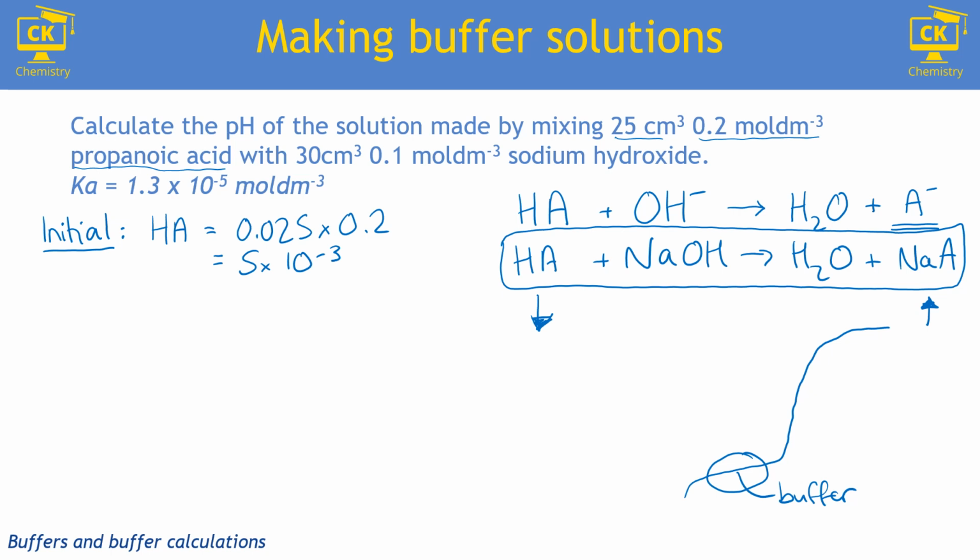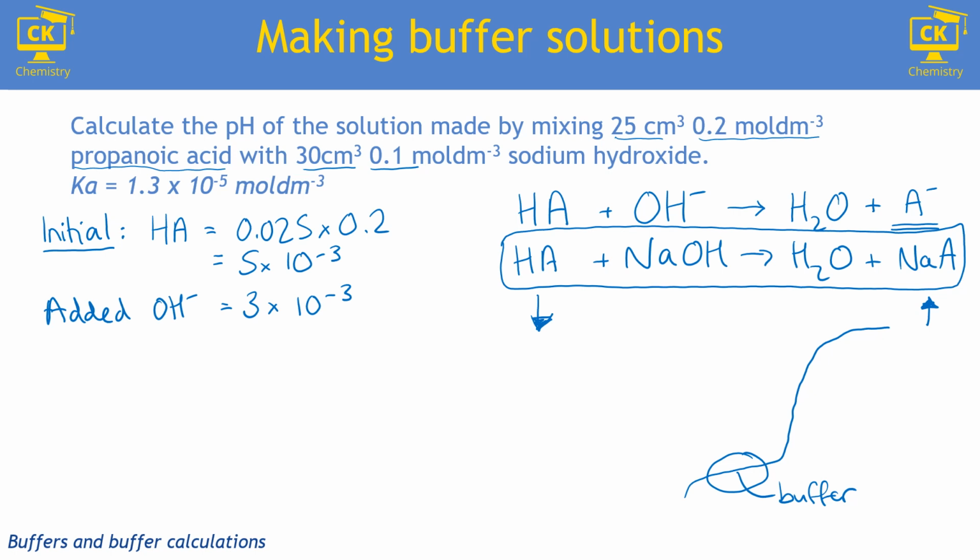Then I'm going to look at OH- that I've added. Let's work out how many moles of OH- I've added. It's going to be 30 over 1,000 times 0.1, which is 3 times 10 to the minus 3. So it's very important in this calculation that that number is less than my HA. Otherwise, this is not going to work. If I add more sodium hydroxide, it's just not going to work because I'll have completely got rid of HA and it won't be a buffer anymore.